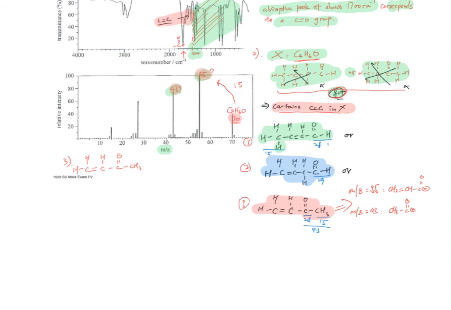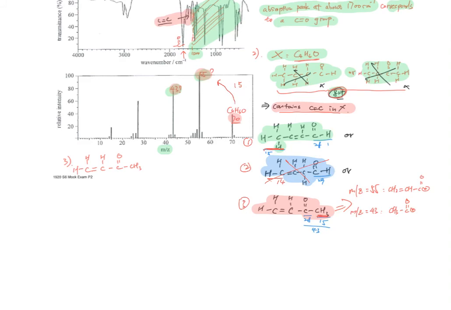Which one has a 15 fragment? I think you can observe that except number 2, numbers 1 and 3 contain CH3, which is 15. Structure 2 doesn't have any 15; this one is 14. So structure 2 is wrong. So then you can figure out it is either 1 or 3.